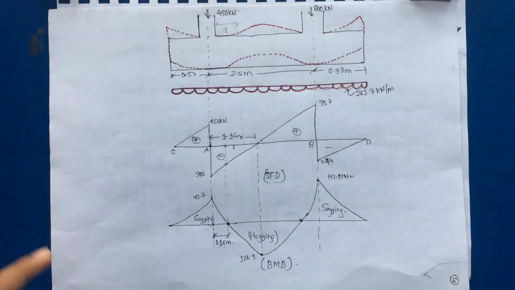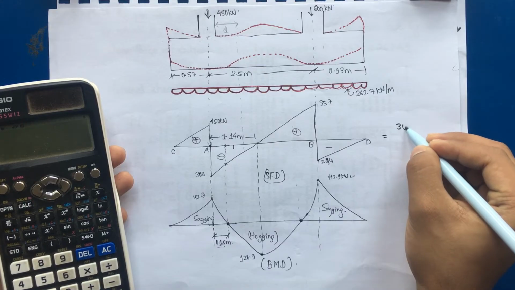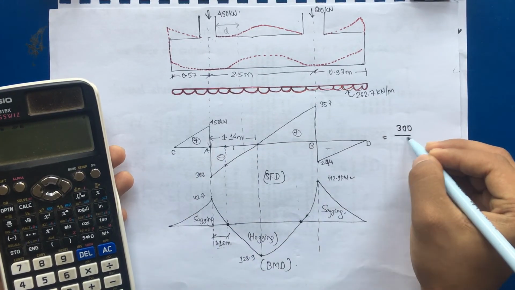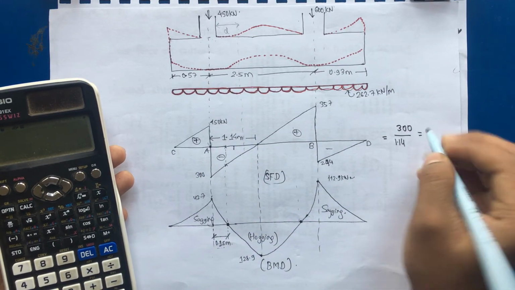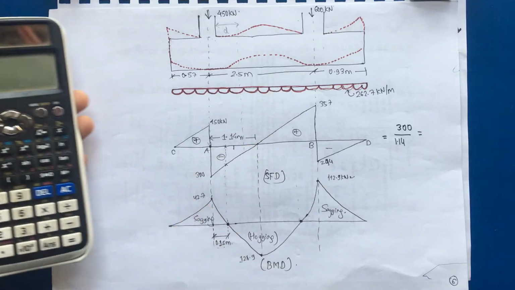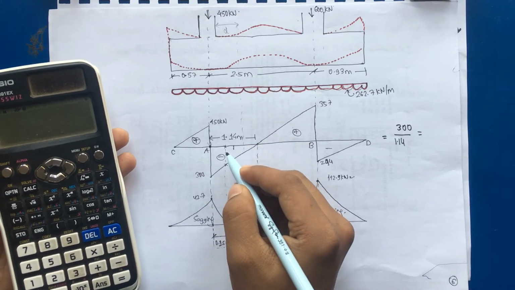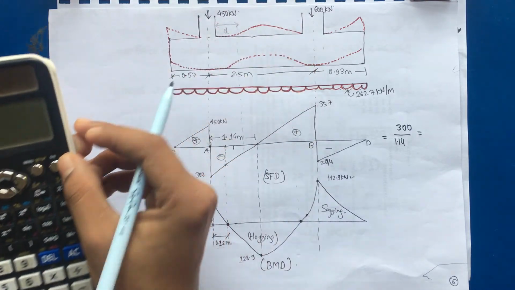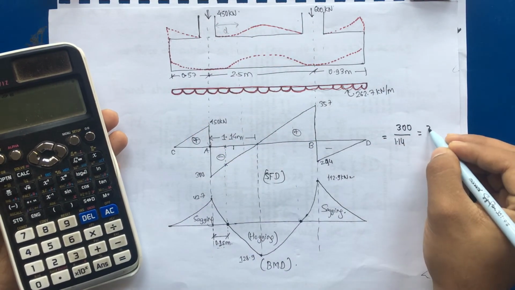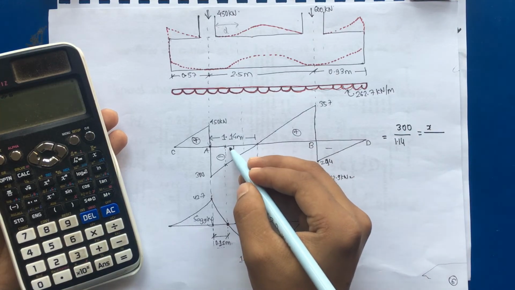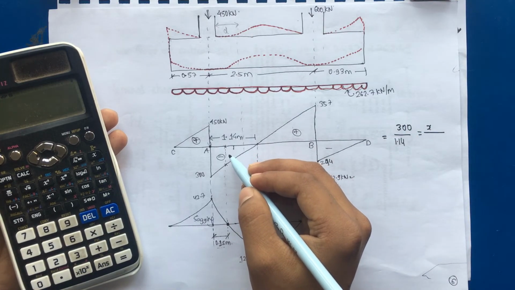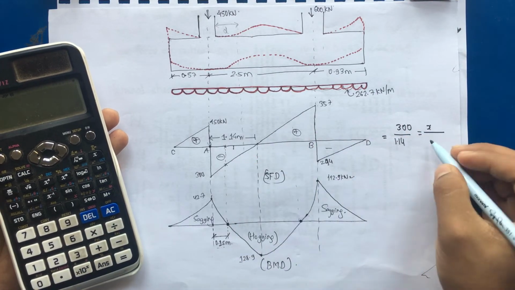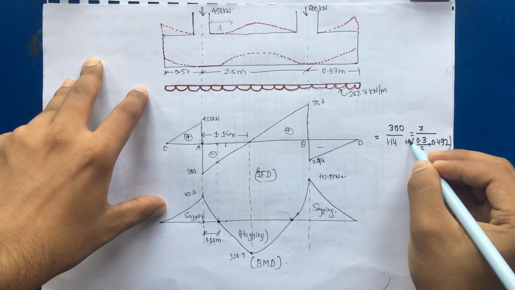So let me show you. 300 divided by 1.14 is equal to, the critical section lies at a distance d plus 0.3 divided by 2. So we are considering at a distance 0.3 by 2 plus 0.492 as x, then 1.14 minus.